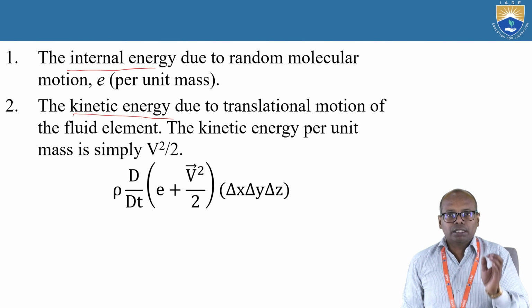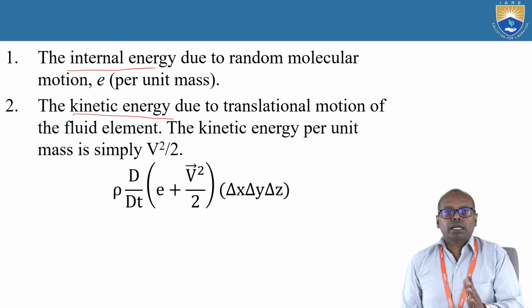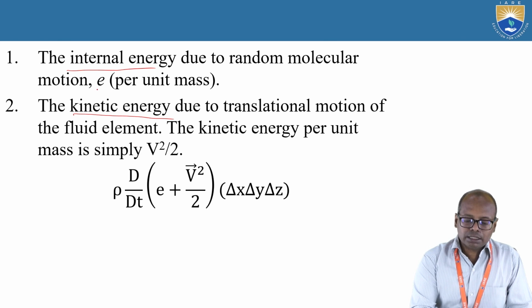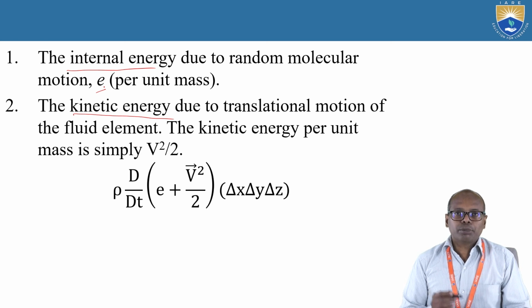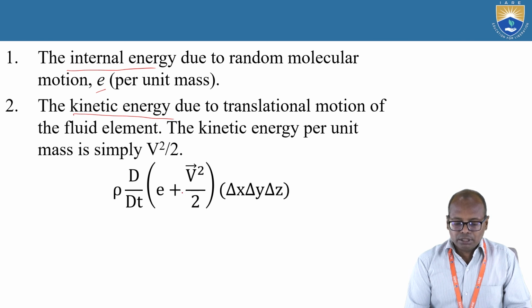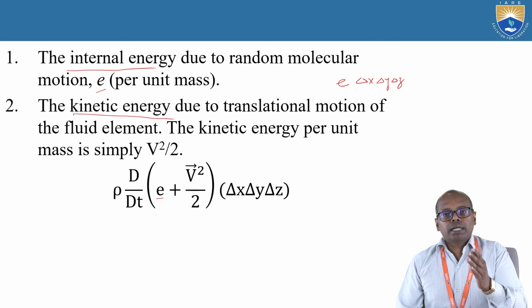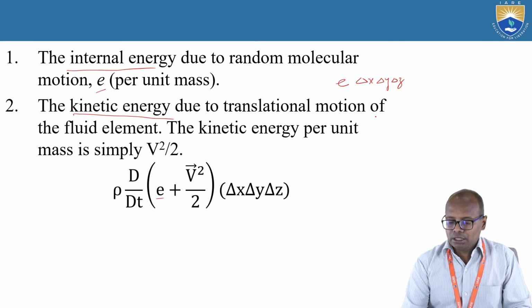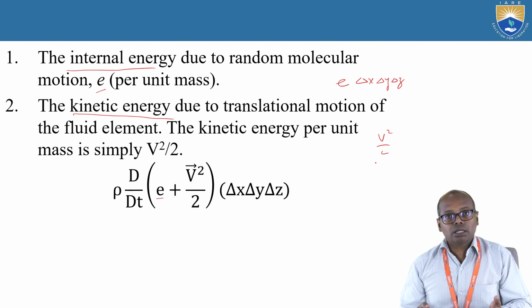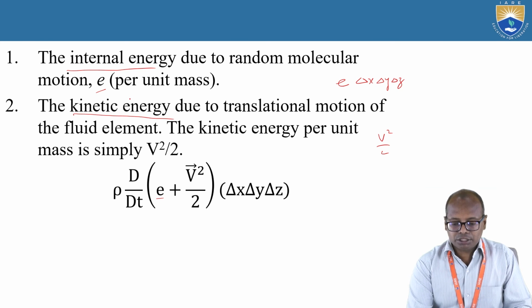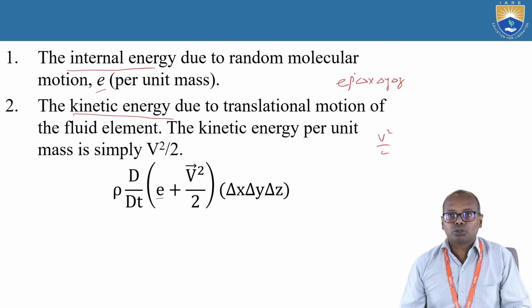If e is the internal energy of the element per unit mass, then the total energy is e into delta X, delta Y, delta Z. Sorry, here it is per unit mass, so I have to multiply with rho here.